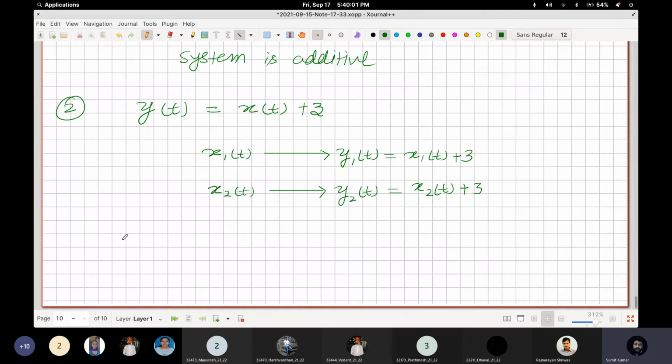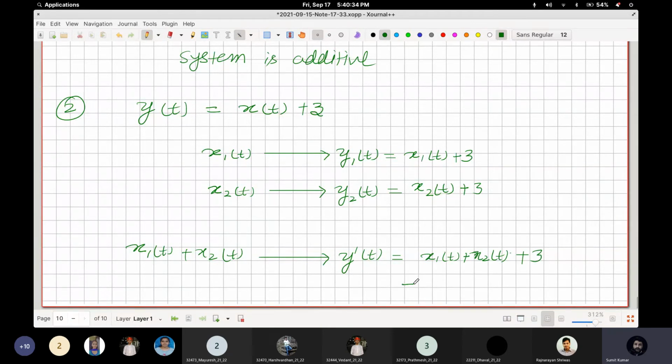Now let me give the system input as x1(t) plus x2(t), and let me assume that the output here is y'(t). So in this case you can see what your output is going to be. Your output will be equal to input plus 3, isn't it? x1(t) plus x2(t) is your input, and plus 3.